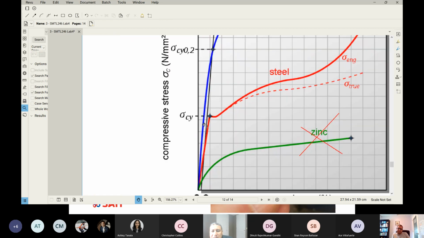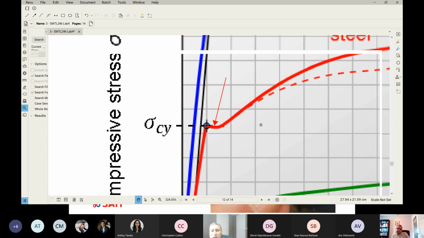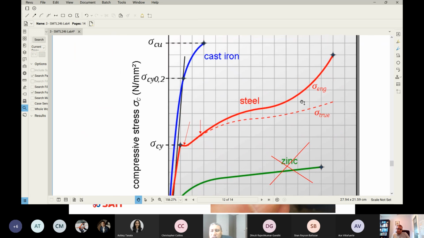Mild steel has a yield, guys, remember, this horizontal area of the curve is called yield. And after yield, we have strain hardening.